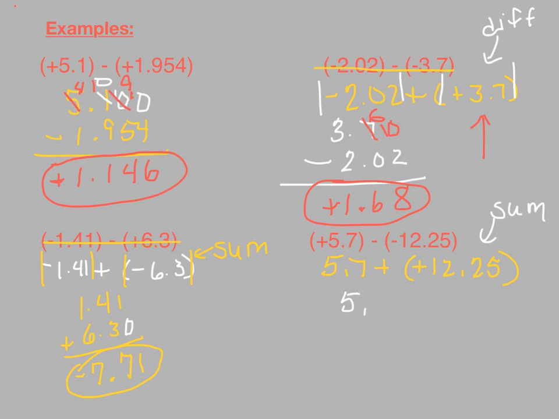So I've got 5.7 plus 12.25. I am going to put a placeholder in here. 0 plus 5 is 5. 7 plus 2 is 9. 5 plus 2 is 7. Bring down that 1. Bring down the decimal. They are both positive. My answer is positive 17.95.